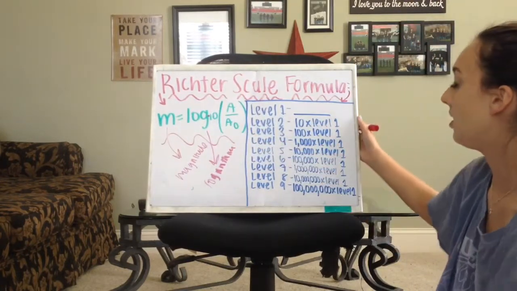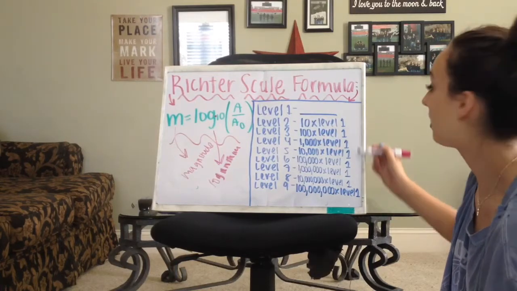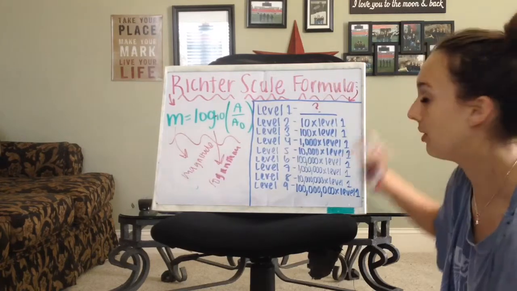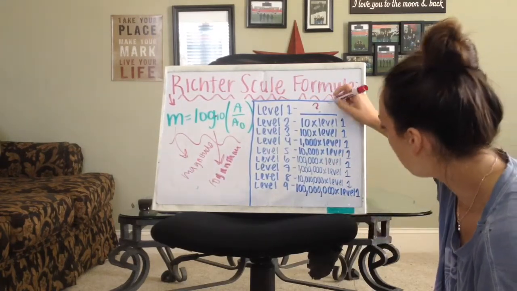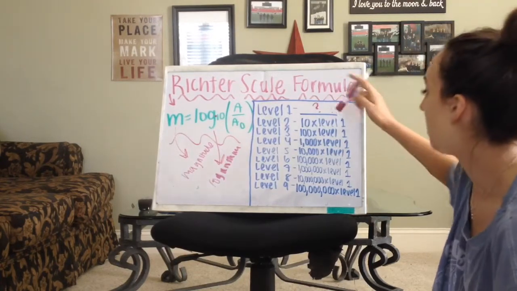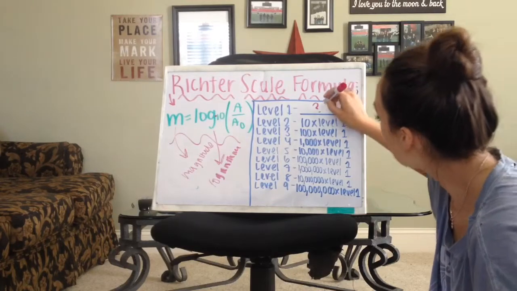Because if you look over here at how the Richter scale is used, level 1 is unknown yet because we don't know. It's just 0 as of right now, but it'd be 10 times level 1. Or it wouldn't be 0, it'd be 1.